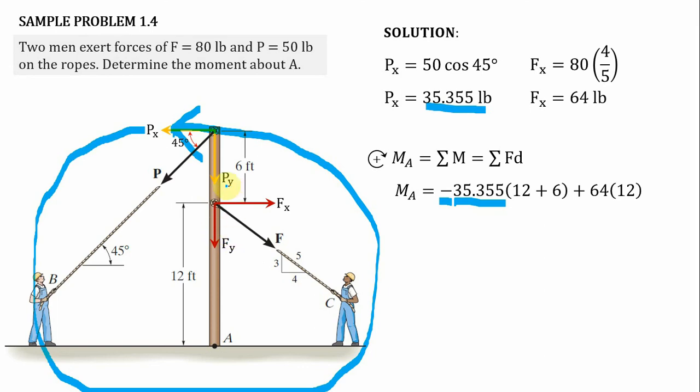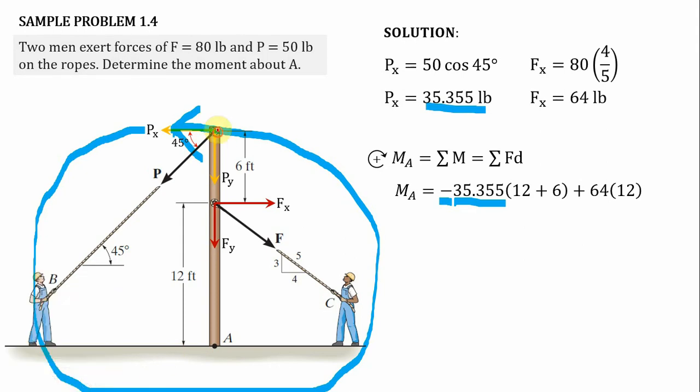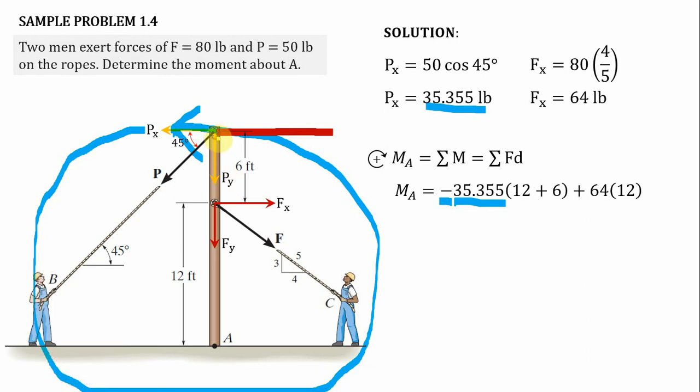And what is the moment arm? If this is the line of action of Px, then this is the moment arm of Px.